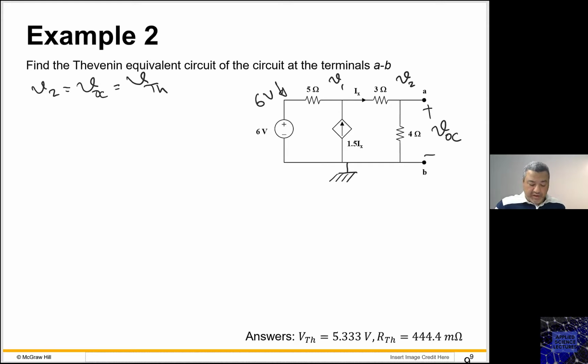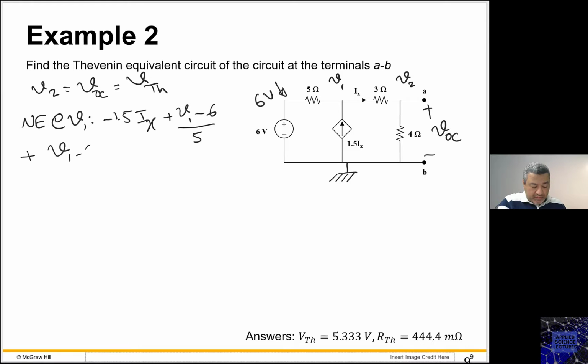So writing the first nodal equation, I have the nodal equation at V1. What do I have here? I have minus 1.5 Ix, plus V1 minus 6 divided by 5, plus V1 minus V2 divided by 3 equals 0.